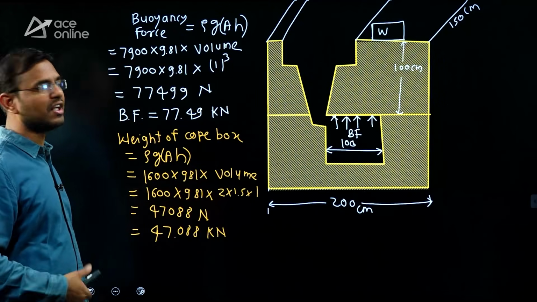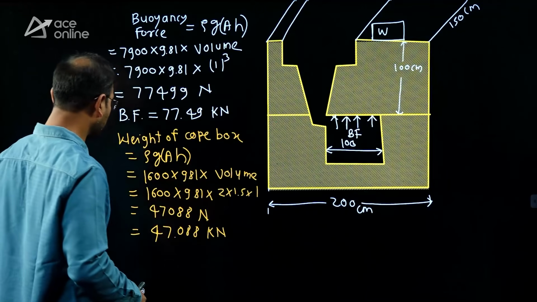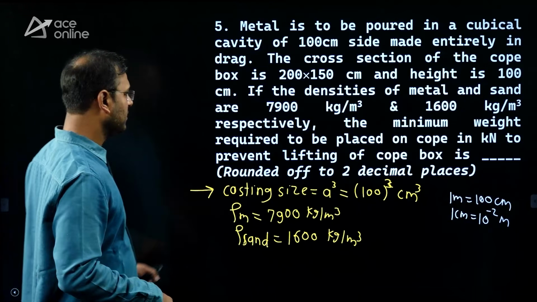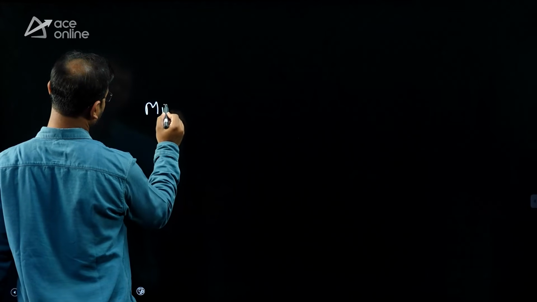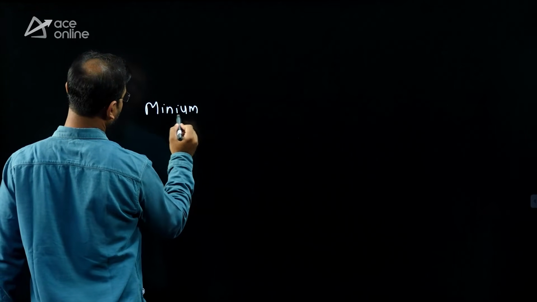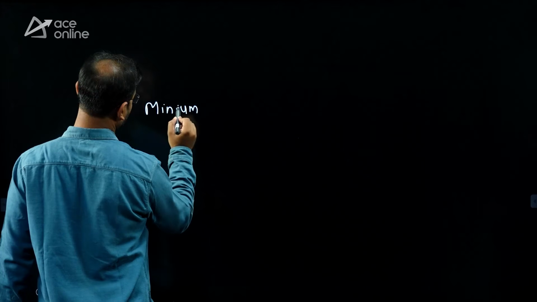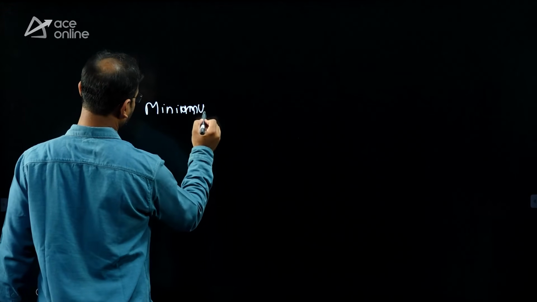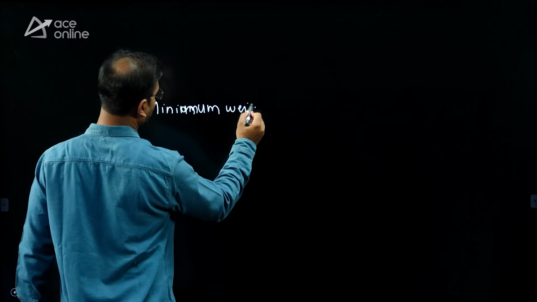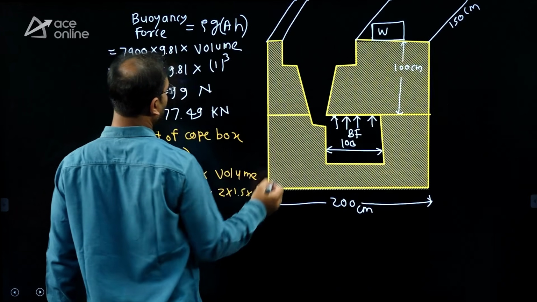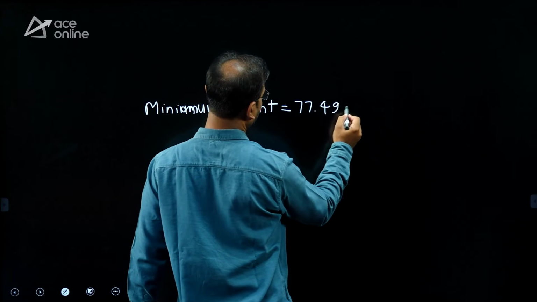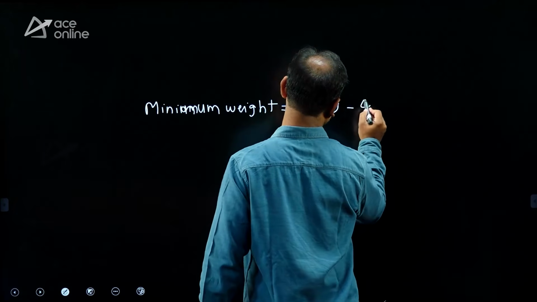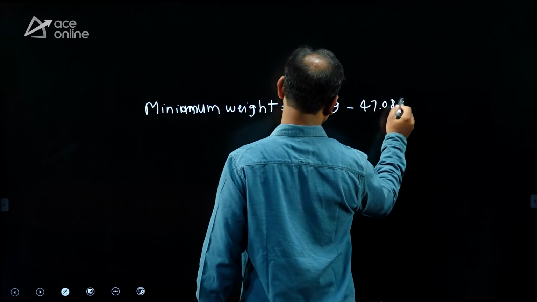Therefore, the minimum weight required to be placed is equal to 77.49 minus 47.088.